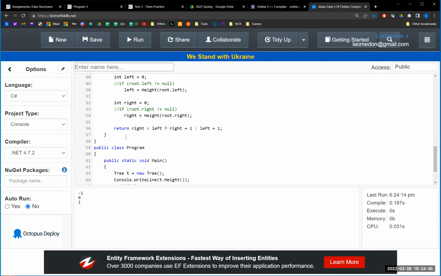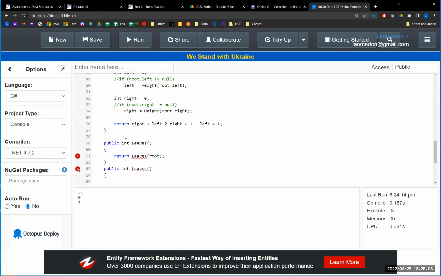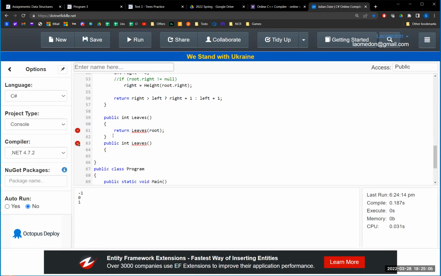So a leaf, you're just going to be testing if we have a node that is a leaf, right?